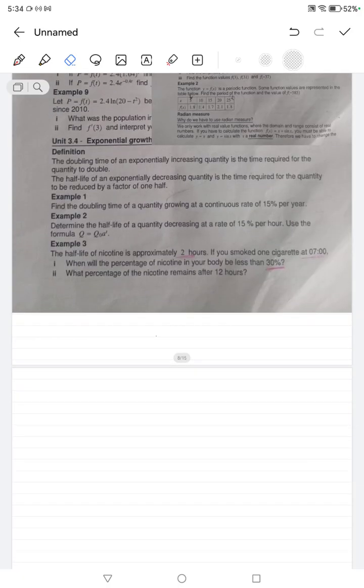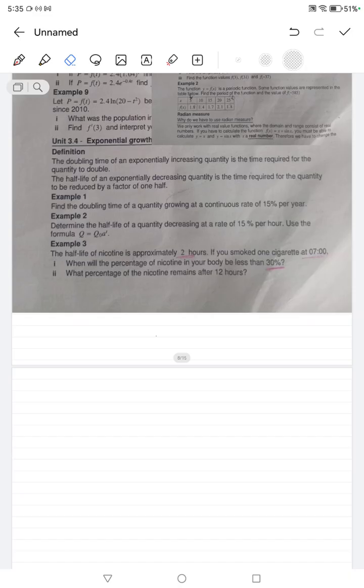Okay, what are they saying now? They're saying the half-life of nicotine is approximately 2 hours.